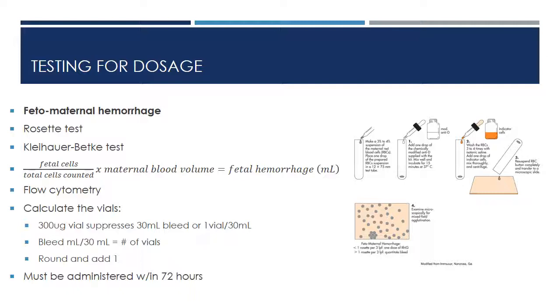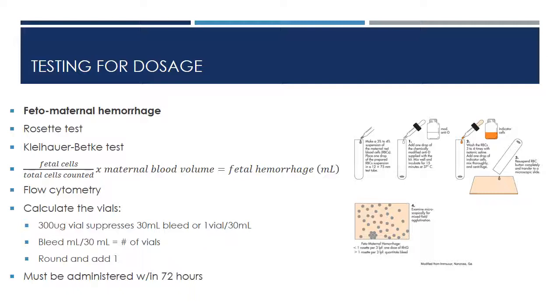Okay, and the first test we're going to do is called the Rosette test. And that Rosette test, if your hospital still does it, allows us to figure out, it's a screening test, if there's been any exchange of blood across the placenta.